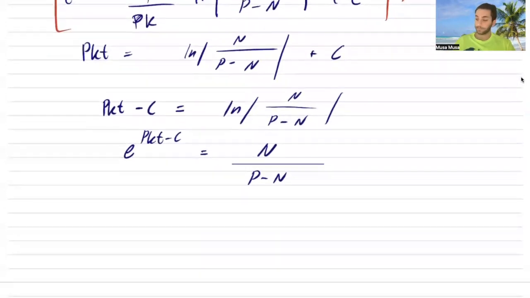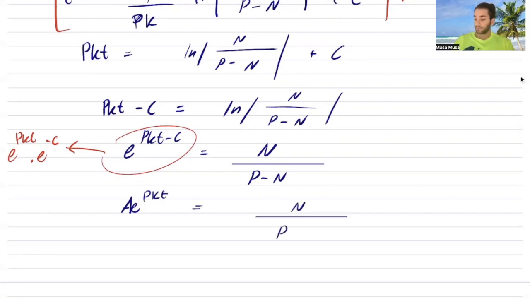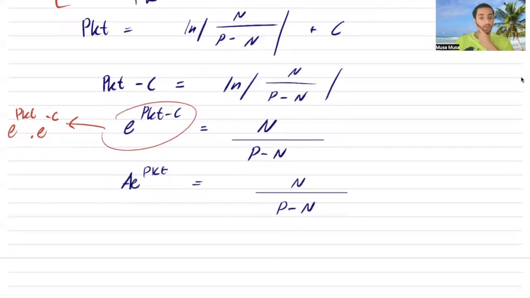Okay. I'm just going to split this up into e to the pkt times e to the minus c. Then e to the minus c is just a new constant anyway. So I guess that can just become a. Okay, multiplying both sides by p minus n.